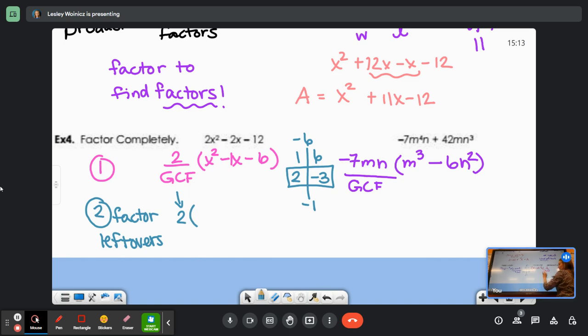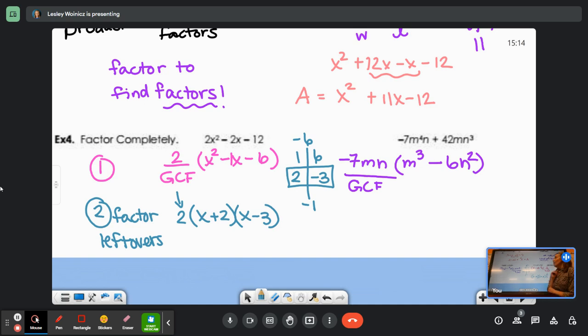And then I can write x plus 2 times x minus 3. So be very careful. Make sure you factor completely by looking for a GCF first and foremost. And then don't stop. Make sure that you try and factor the leftovers. It doesn't say start factoring and stop. It says factor completely. Right?